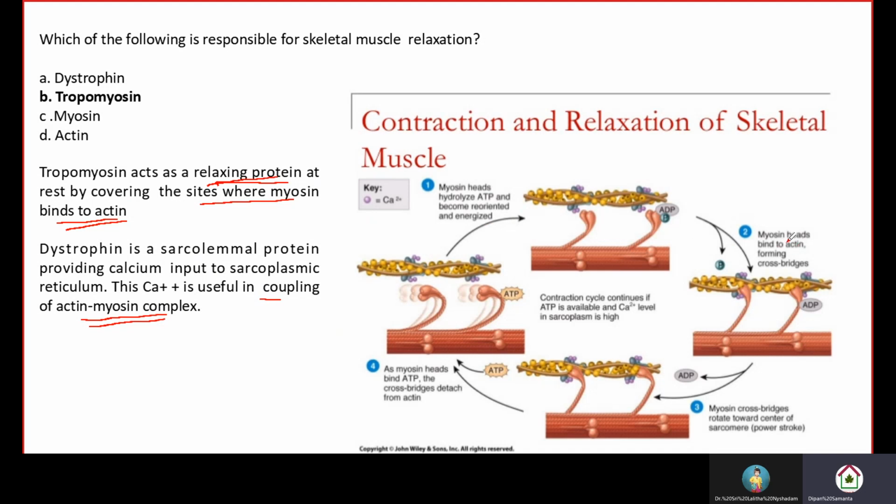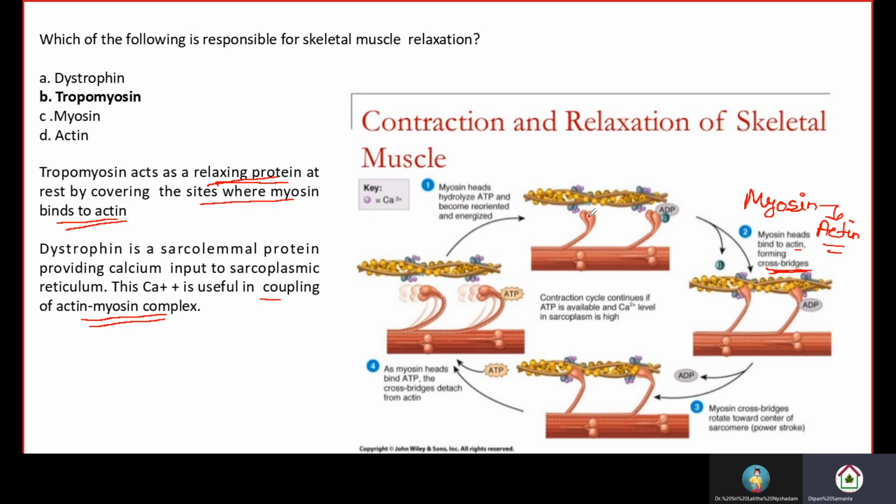Number 2, what is happening? Myosin heads bind to actin, myosin and actin, right? Myosin binds with actin, forming the cross bridge. This is a very important phase of the contraction and relaxation mechanism. They form the cross bridge.